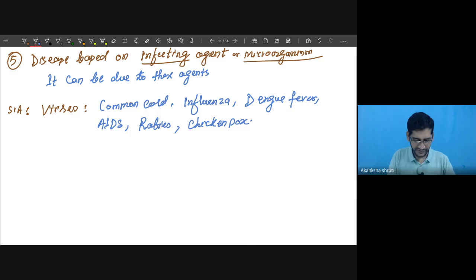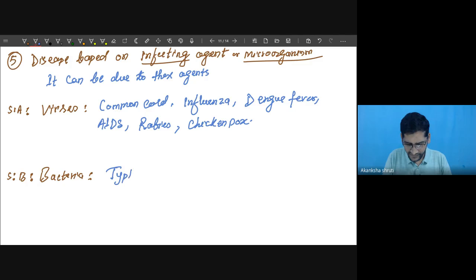The second one could be because of bacteria, or bacterial disease. Student, bacteria cause typhoid, TB, tuberculosis.